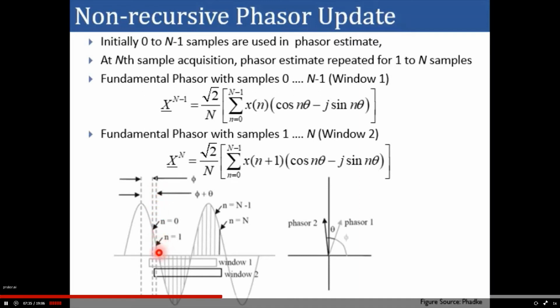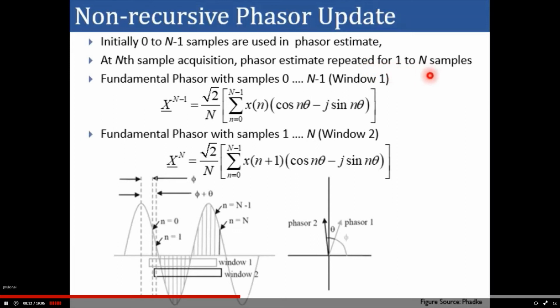So the first sample, that is the n equal to 0 sample, will have an angle difference phi with respect to the peak of the sinusoidal signal. The second, that is at n equal to 1, will have a phase difference of phi plus theta, and so on.